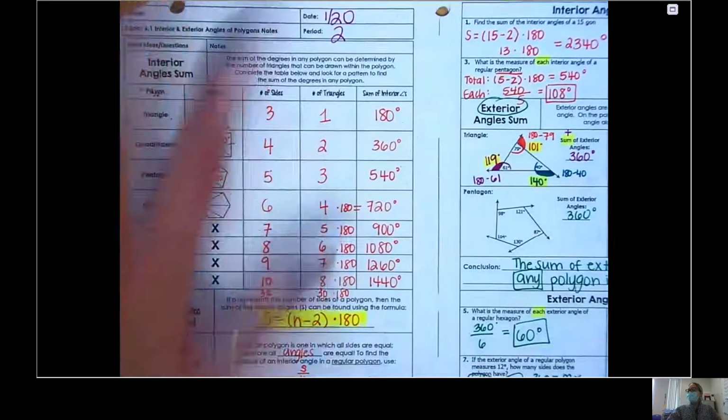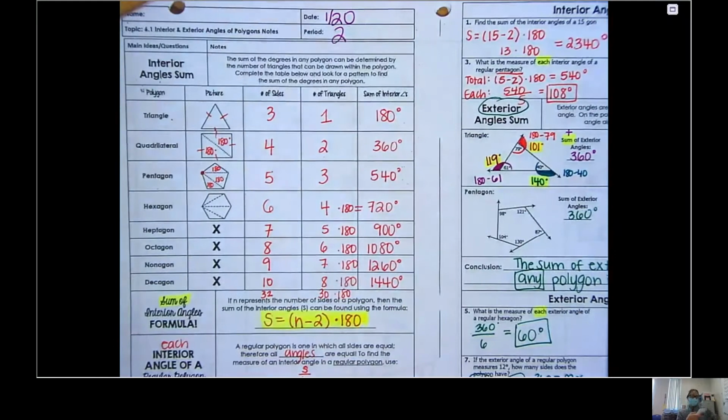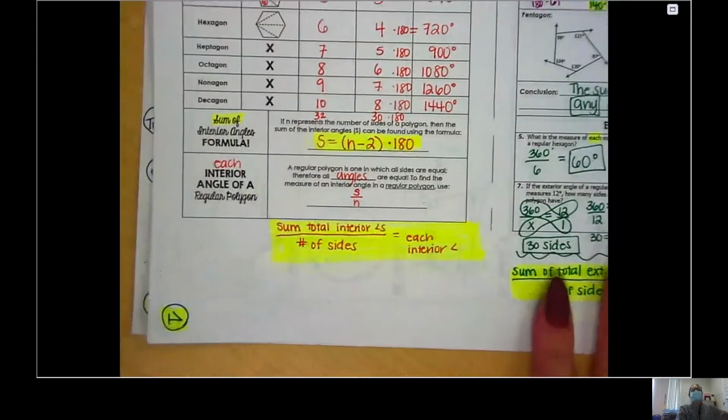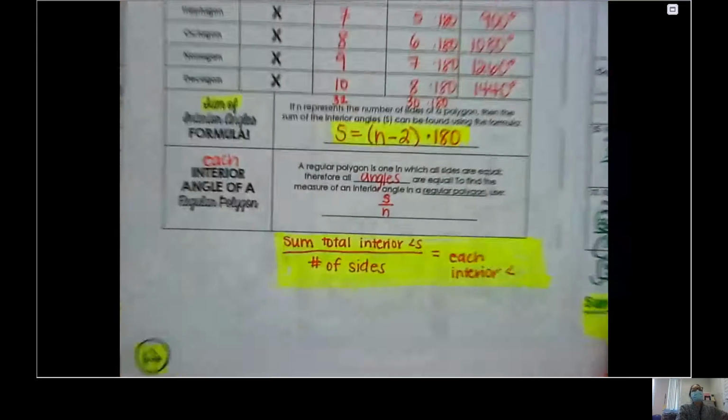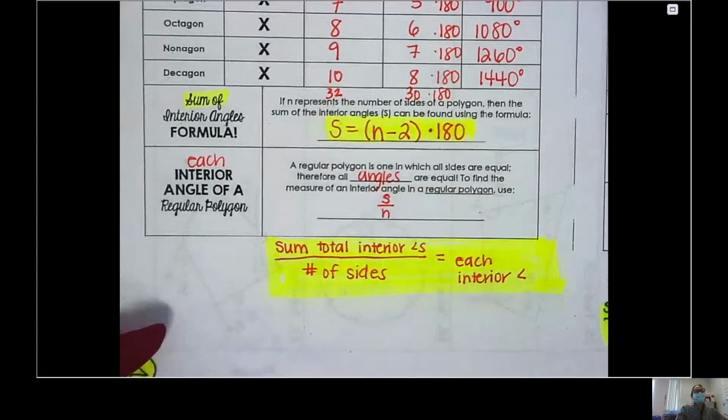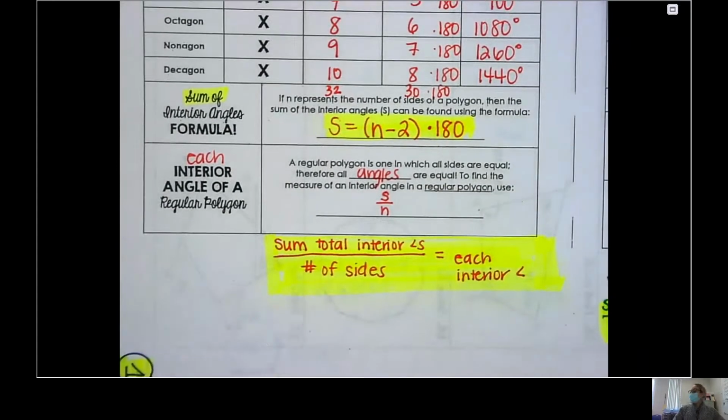So if you go back to the front side of your notes from yesterday, there were three formulas that you must have. If you weren't here yesterday, these are the most important things that you're going to write down, stuff that's highlighted.